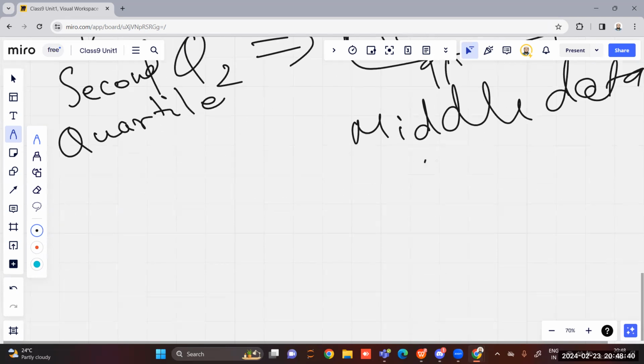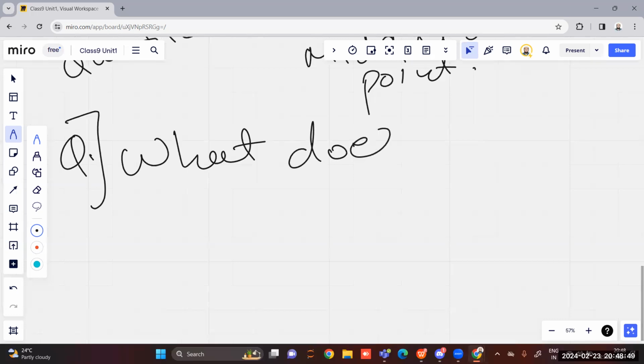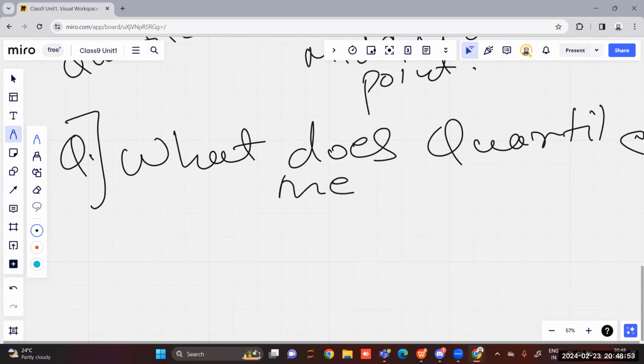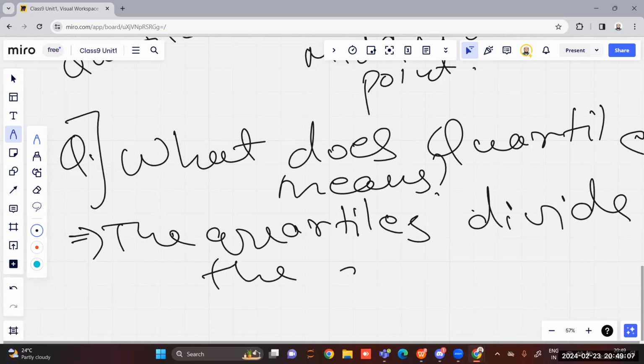The quartiles are very easy. So what do the quartiles do? I'm just writing the question. What does quartile mean? Generally, the quartiles divide the data into three parts.